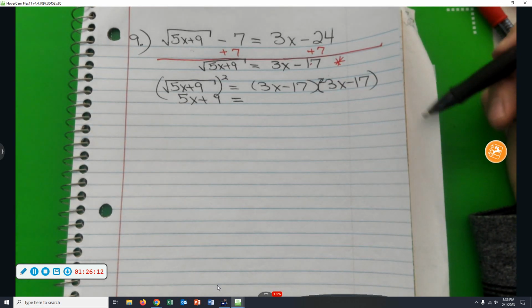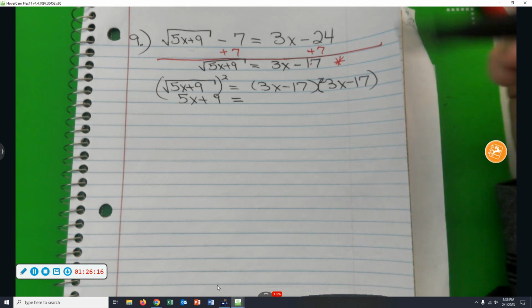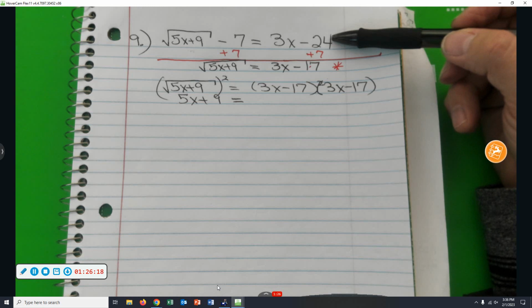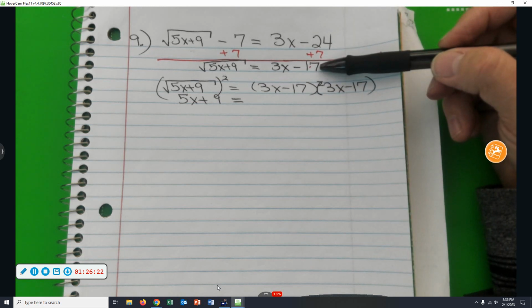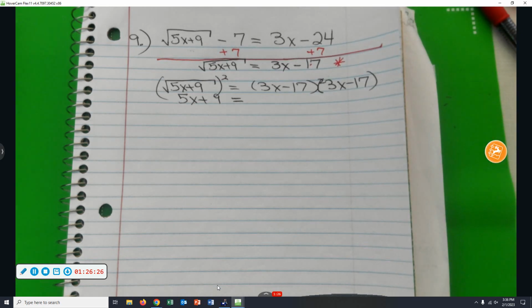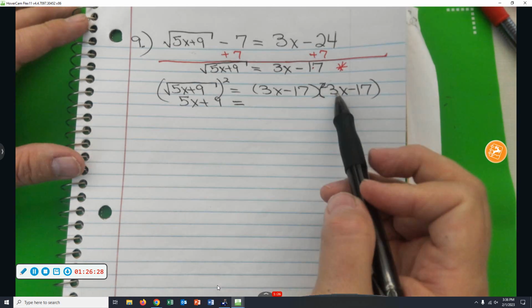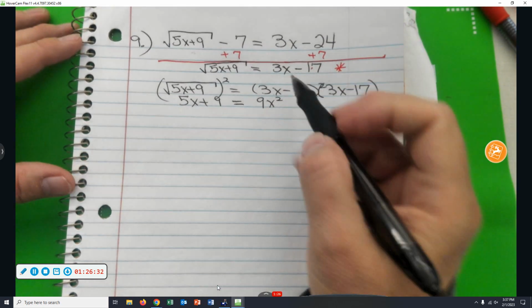I was jumping ahead when I groaned when I saw the numbers here. As soon as I saw that minus 24, I knew we were going to be working with some big numbers. I guess it shrank down a little bit to 17. But we're going to have to FOIL this out. I'll get us started. 3x times 3x, that's a 9x squared.